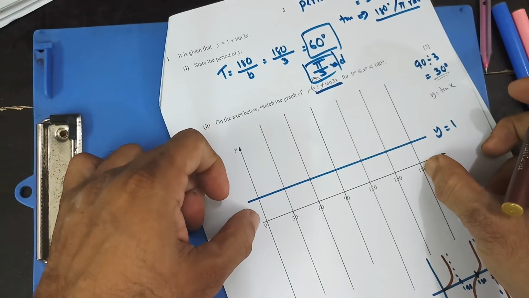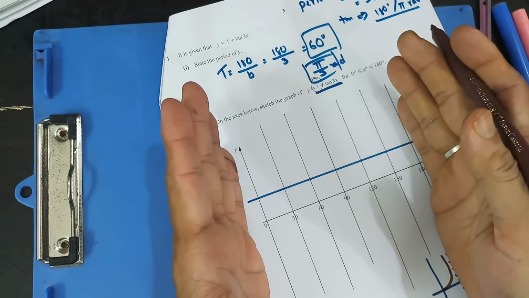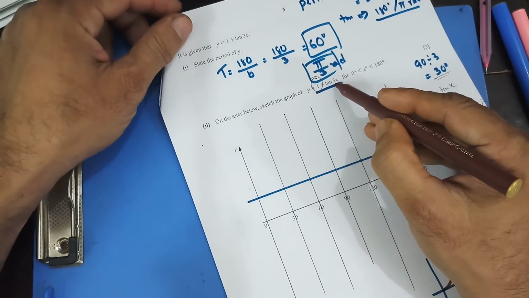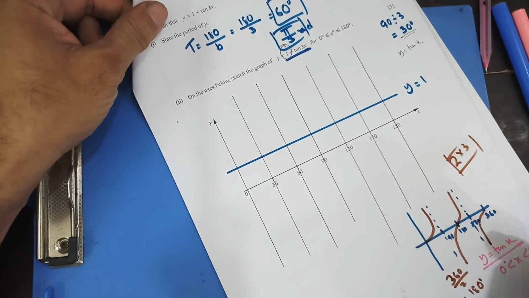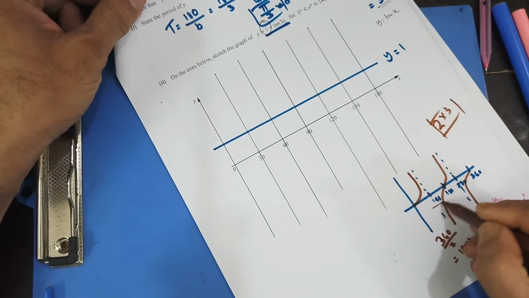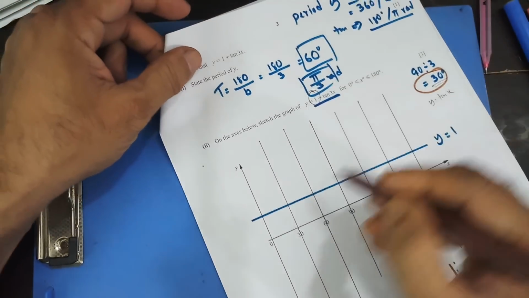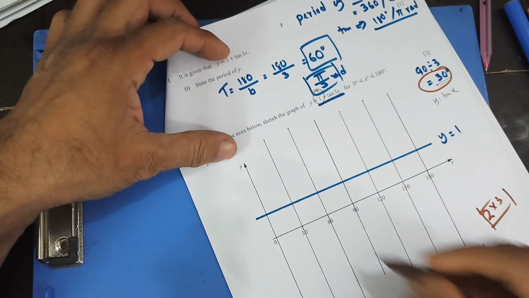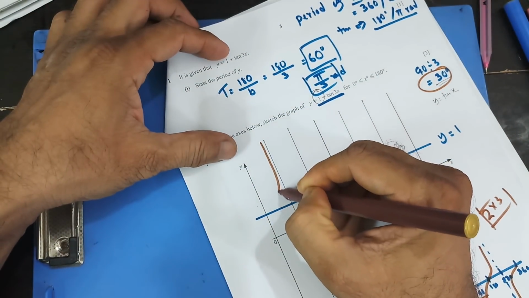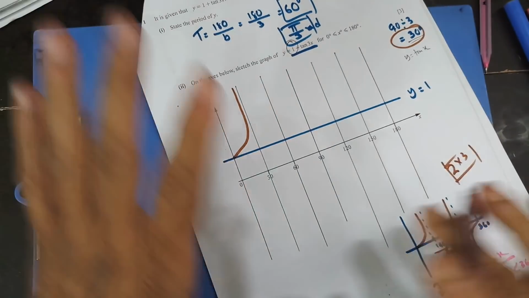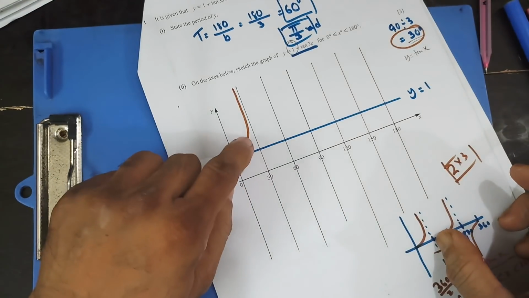But within 180 degrees, I should have 3 cycles. So from 90 degrees, my regular interval for this graph would be 30 degrees. That's what I said. So this is 30. So two things I have to change, from 90 to 30.